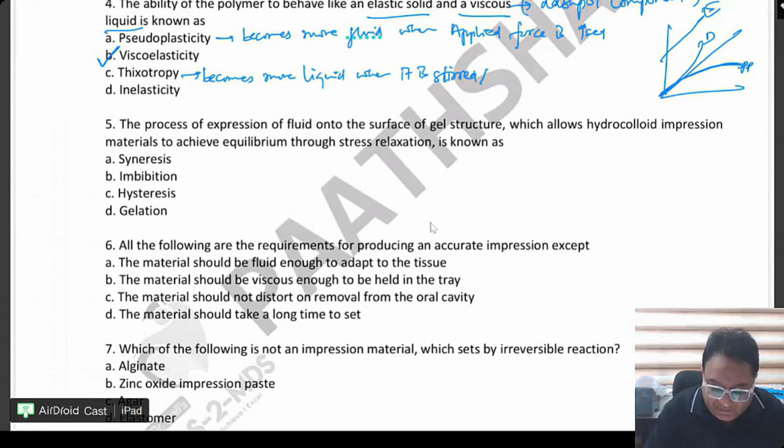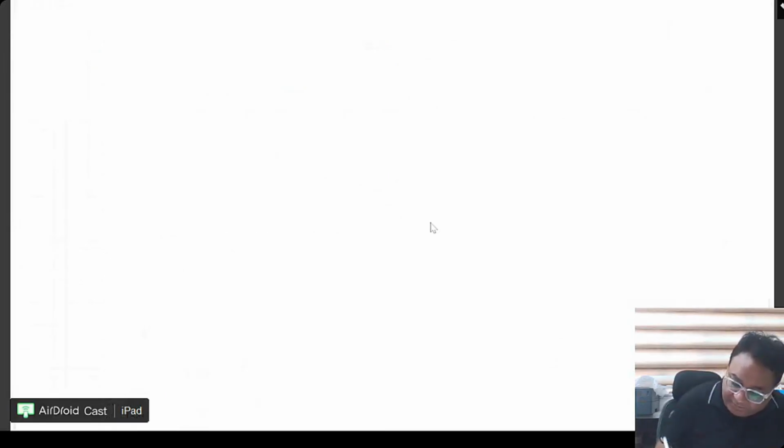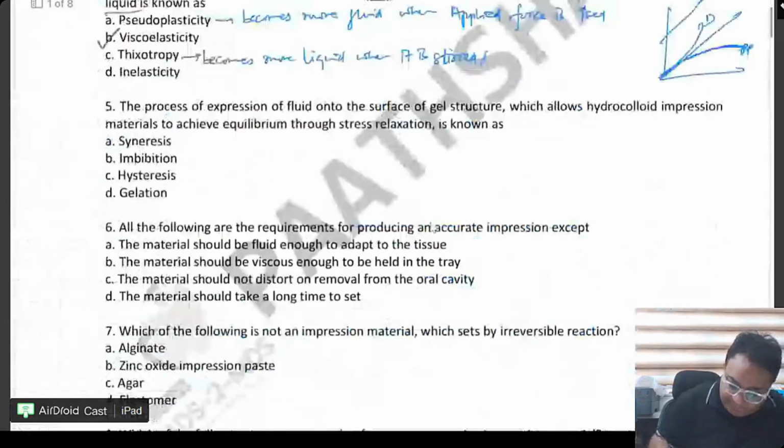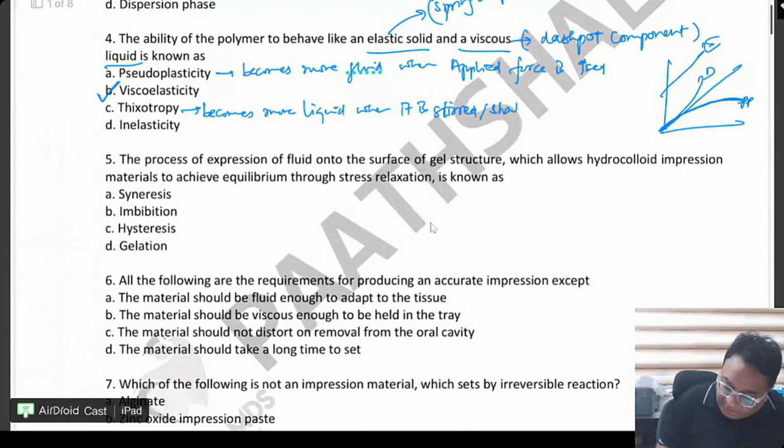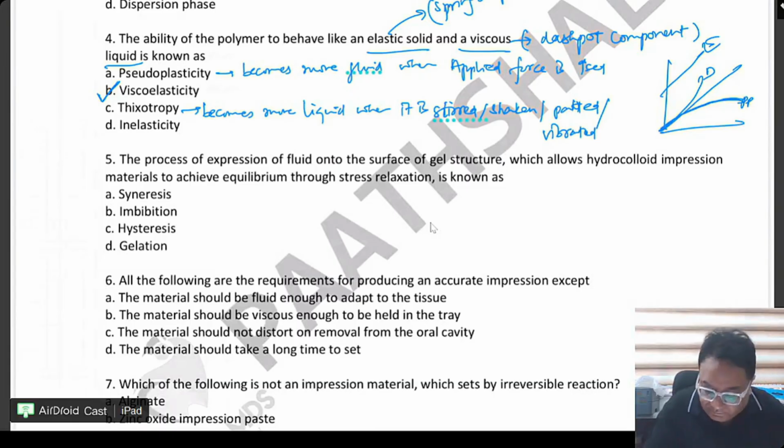Becomes more liquid when it is stirred or shaken or patted or even vibrated. Stirred, shaken, patted, vibrated.